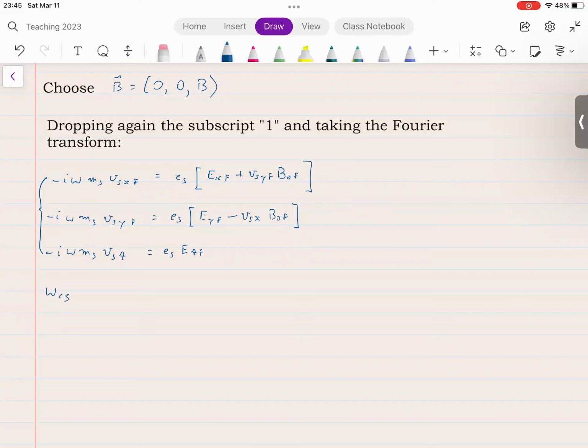So I'm going to define or utilize a definition. We have defined it in other places. We're already familiar with it. The cyclotron frequency for the species s is e_s B naught divided by m_s.